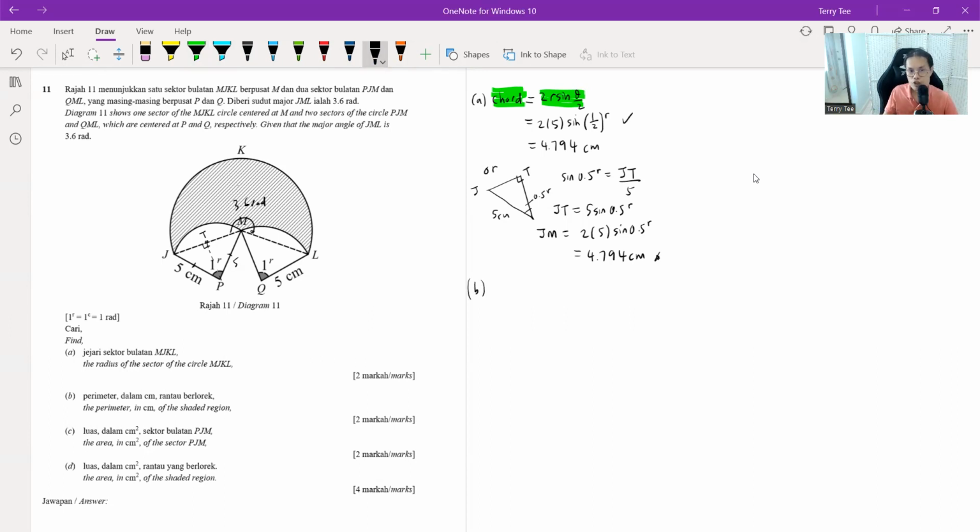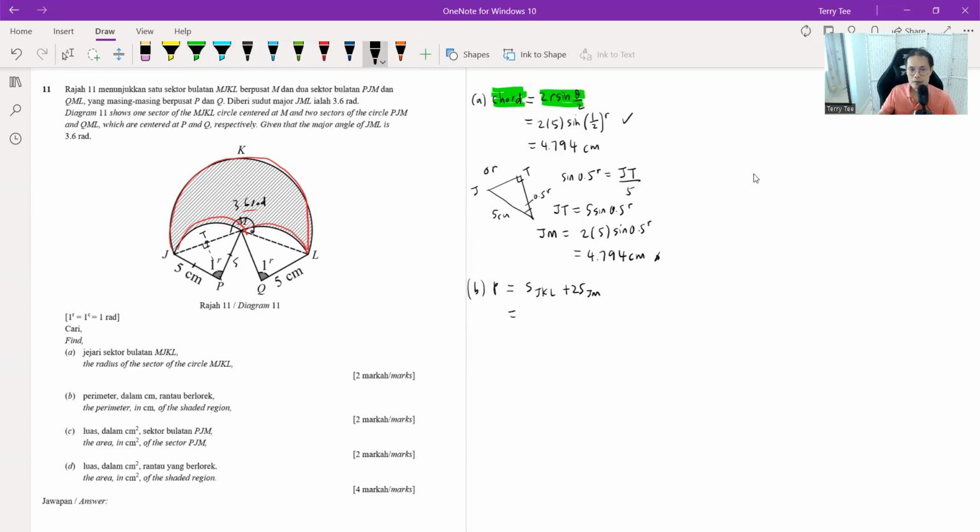Okay, second one, perimeter of the shaded region. My shaded region consists of this arc JKL plus 2 smaller arcs JM and ML. For JKL, I already know the angle 3.6. For JM, I also know the angle and the radius. So we can just add them up. Your perimeter consists of arc JKL plus 2 times JM, because JM and ML are the same.